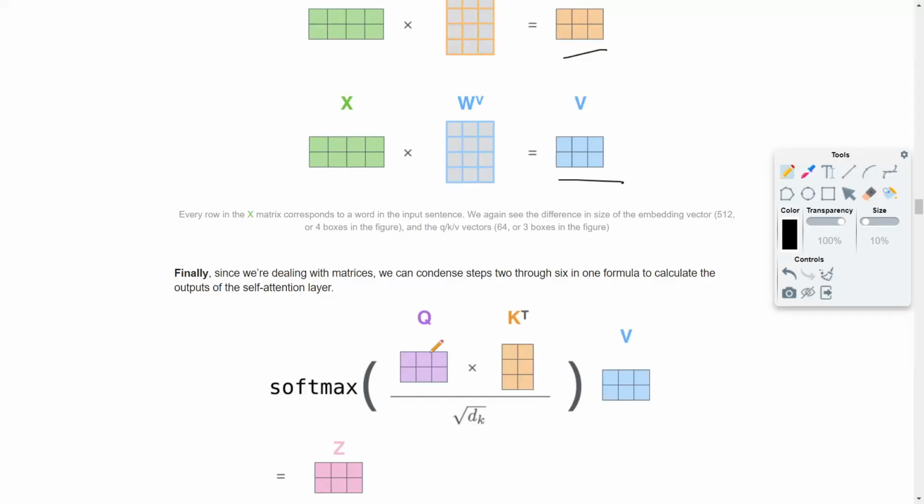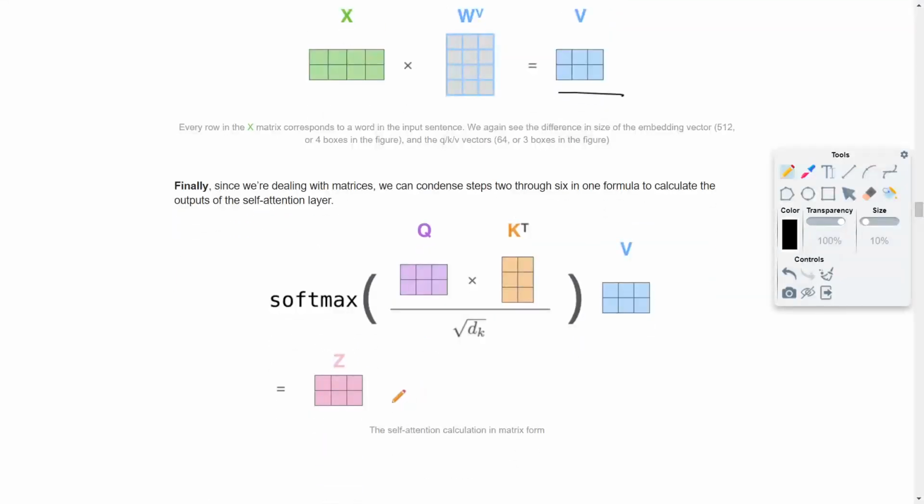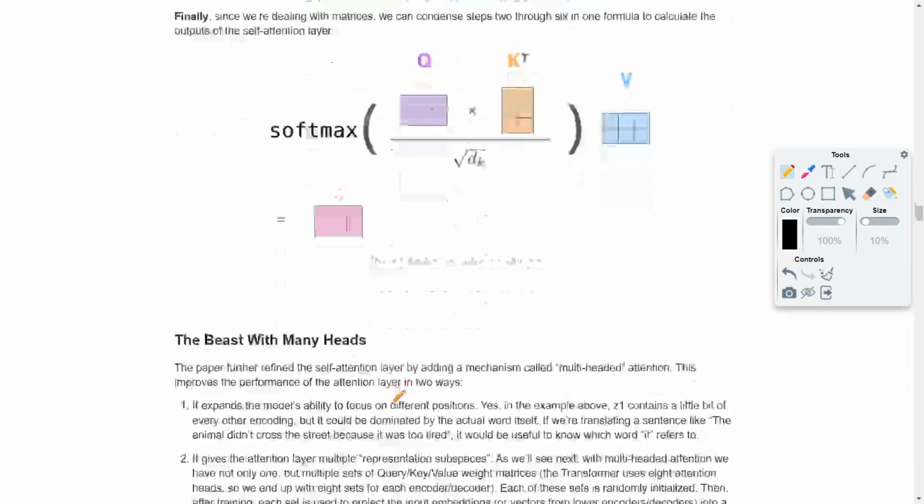When we did that product, we scaled it by dividing by the root of the dimensions of the key, and then finally applied a softmax to find a score or probability. Then we multiplied the score that we got by the value to get the final sum, which is how we calculate the self-attention score.